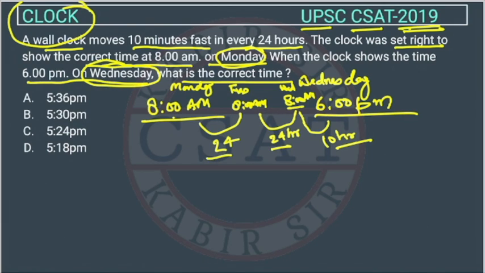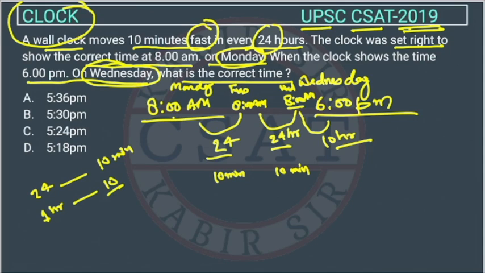So we know that in 24 hours, this is getting fast by 10 minutes. We will use the unitary method here. According to the unitary method, in 24 hours the clock gets fast by 10 minutes, so in 1 hour it will get fast by 10 by 24.